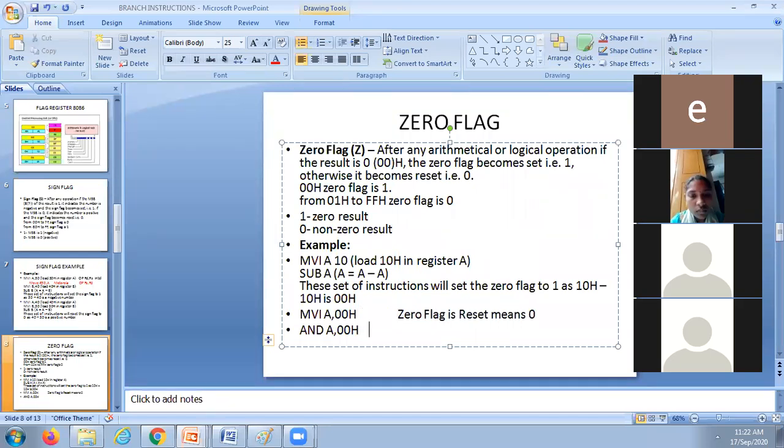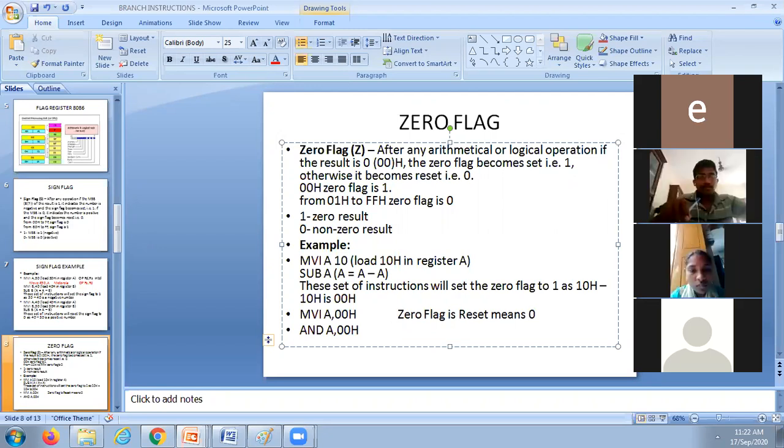Now the zero flag is set. Zero flag is set means 1. In both the cases, what will be the result of A? What does A contain in both the cases? In both the cases, A is equal to 0, but in this case the zero flag is reset, but in this case the zero flag is set.